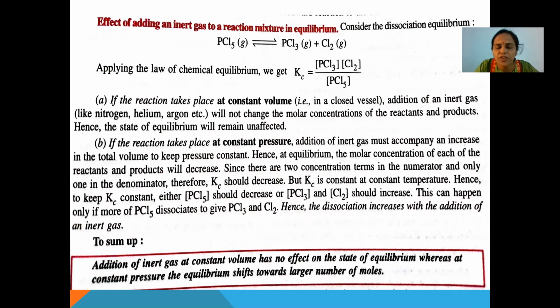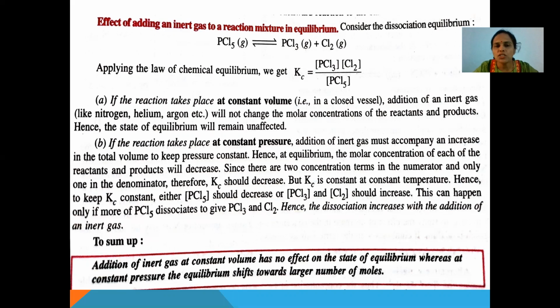Let's have a quick look at the effect of adding an inert gas to a reaction mixture in equilibrium. If I consider the dissociation equilibrium PCl5 getting dissociated to PCl3 plus Cl2, on applying the law of chemical equilibrium, Kc is equal to molar concentration of PCl3 into molar concentration of Cl2 upon molar concentration of PCl5.